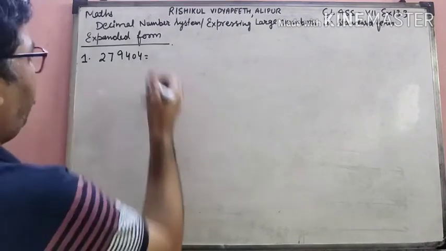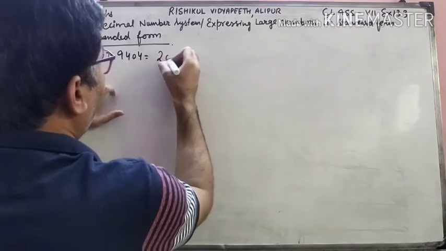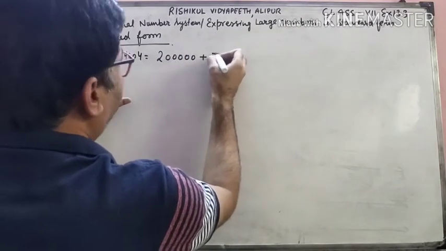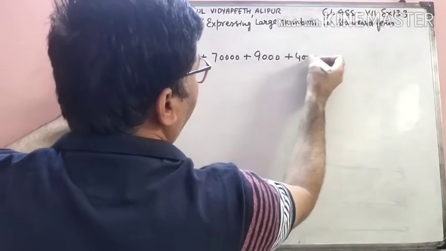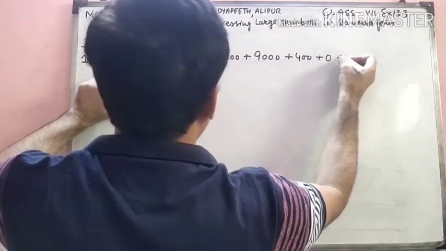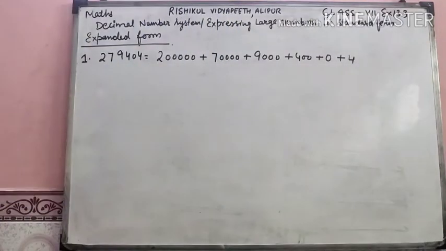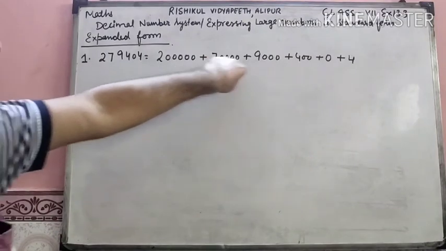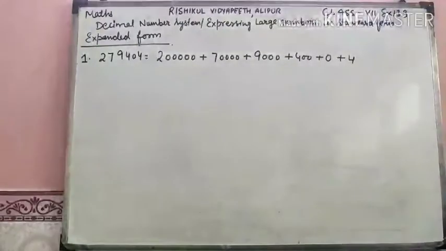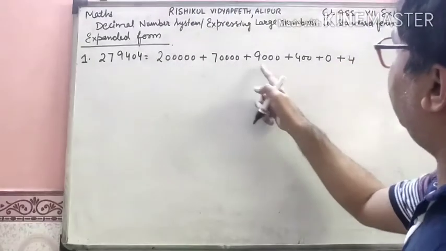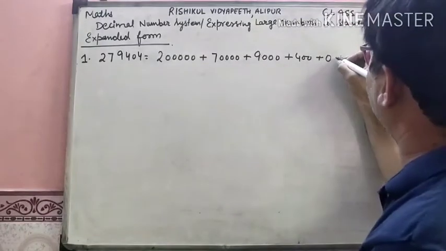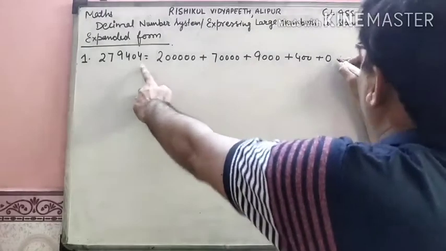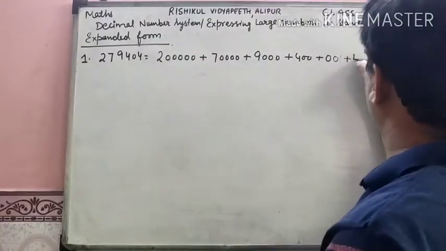In your previous classes, you wrote 2 followed by 5 zeros, then 7 followed by 4 zeros, then 9 followed by 3 zeros, then 4 followed by 2 zeros, then 0 followed by 1 zero, and the last one is only the unit place number. As you observe, the zeros are decreasing: 5, 4, 3, 2, 1.